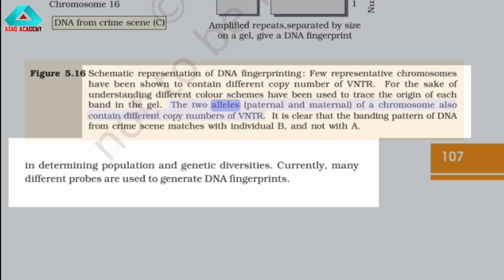The two alleles, paternal and maternal, of a chromosome also contain different copy numbers of VNTR. It is clear that the banding pattern of DNA from the crime scene matches with individual B and not with A. In determining population and genetic diversities, currently many different probes are used to generate DNA fingerprints.